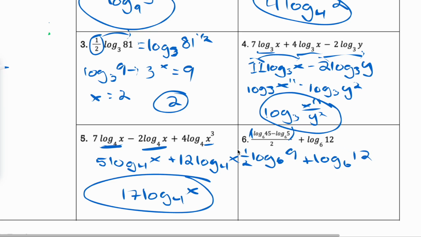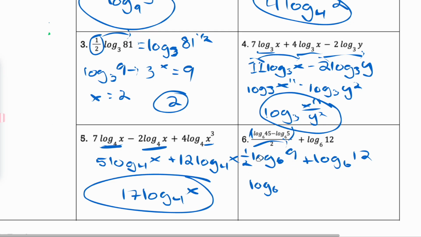Now what I'm going to do here is take this coefficient, this 1/2, and raise 9 to that power. Sorry, 9 to the 1/2 power, which is the same thing as the square root of 9, which is 3.